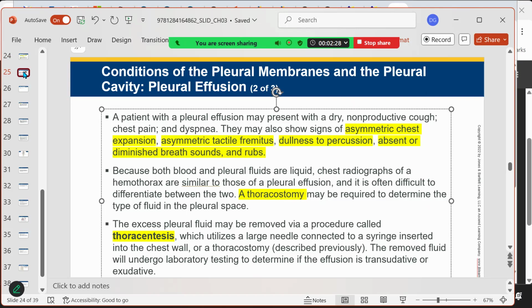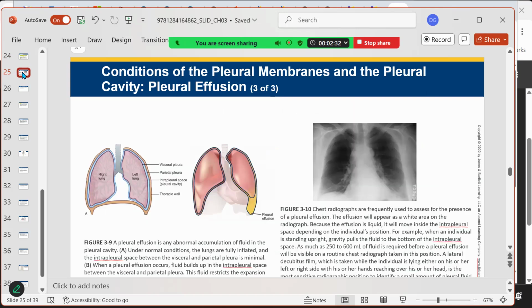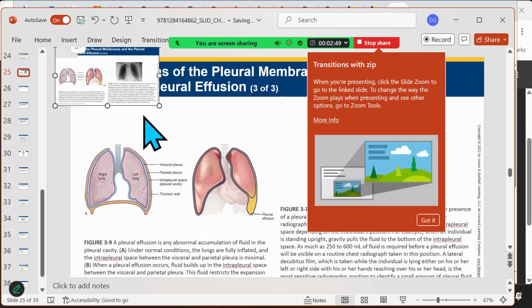We're very interested in whether the fluid that comes out is a transudate, meaning it's clear, or an exudate, meaning it's cloudy. The transudate comes from some kind of failure, heart failure, kidney failure, liver failure, something like that. But the exudate comes from either infection or cancer. It's pretty much one or the other.